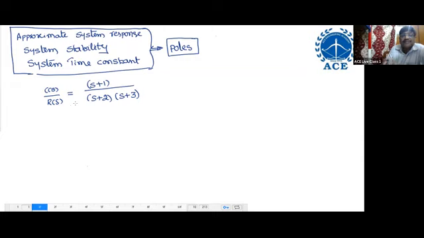So first, we'll find the system response. I already told you, system response is nothing but what? Impulse response. That means R of t equal to del of t, R of s equal to 1.